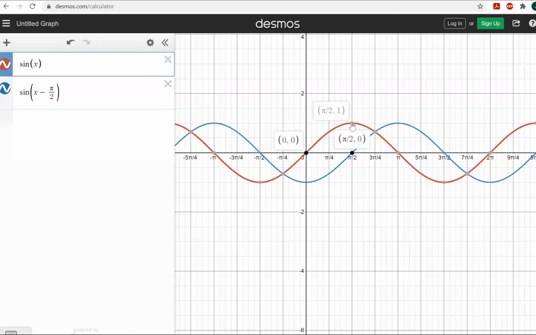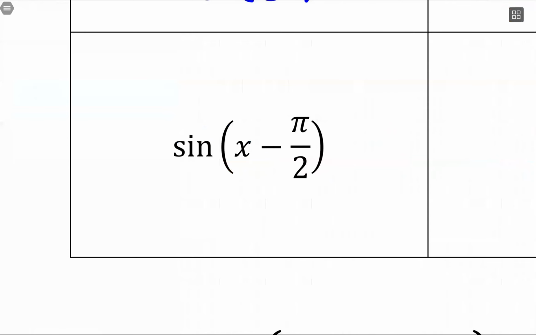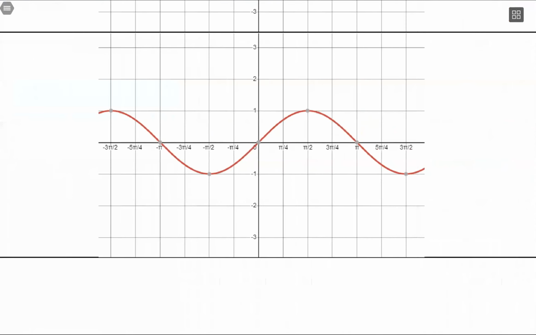Where we have our maximum at pi over 2, 1, now that's over here at pi, 1. So we picked up these values and we moved them to the right by pi over 2. So this is our horizontal shift. We pick up these values and move them over that distance that's described, which in this case was pi over 2.